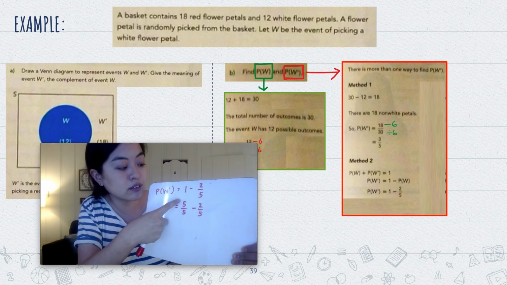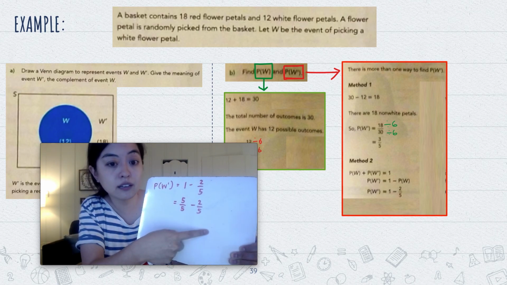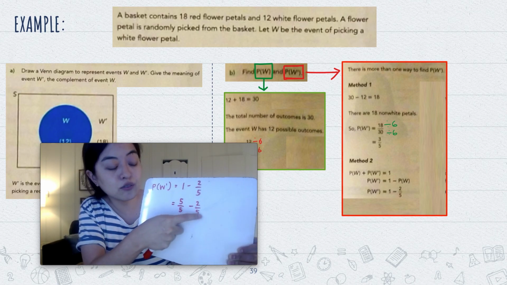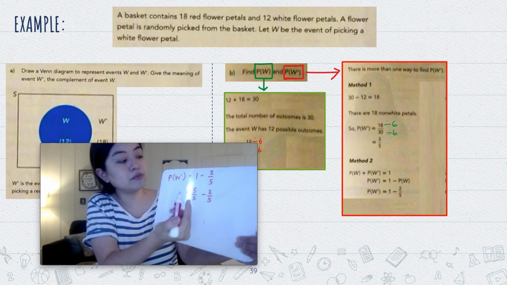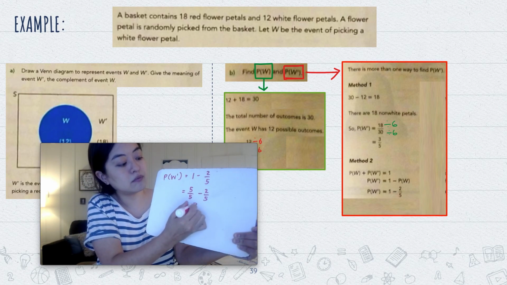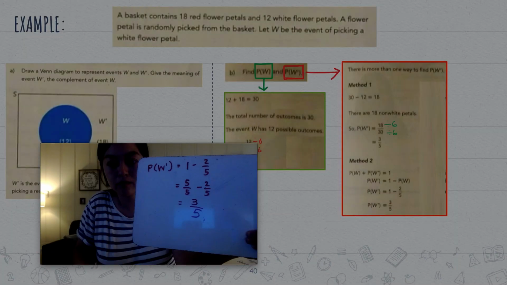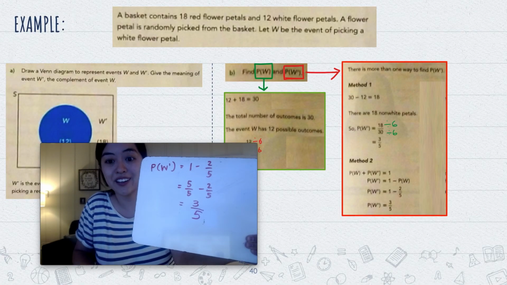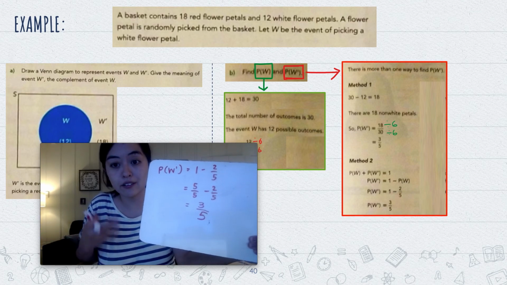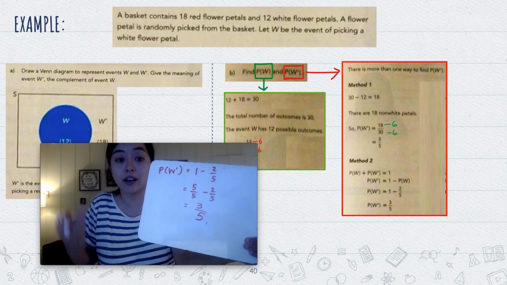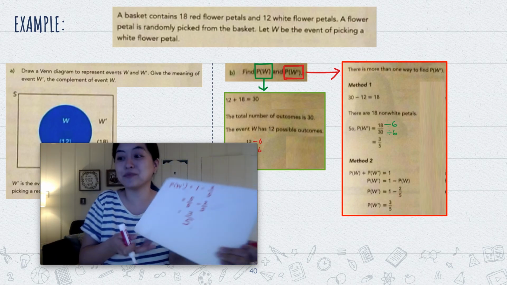Now this makes it easier for us to subtract. 5/5 minus 2/5 is equal to 3/5. And so that's another way to find the probability of the complement of event W.